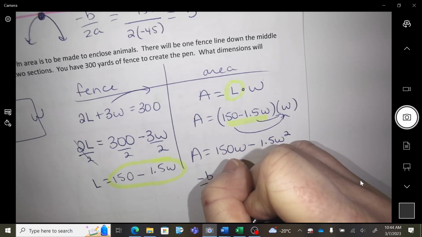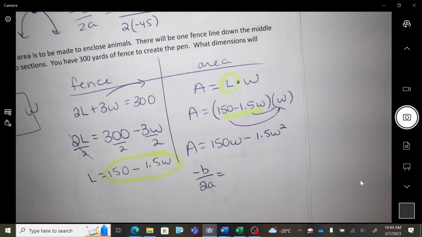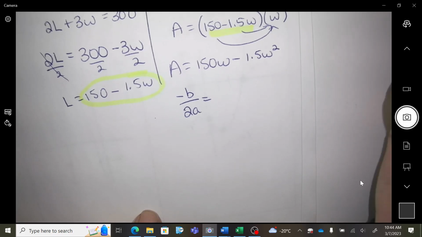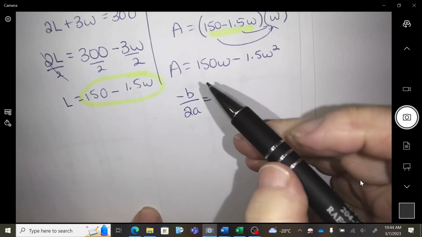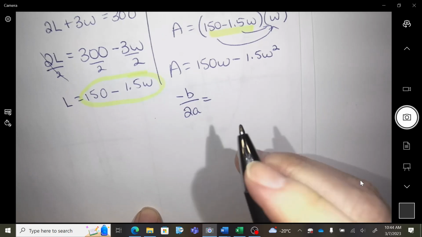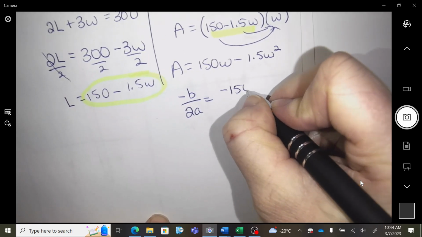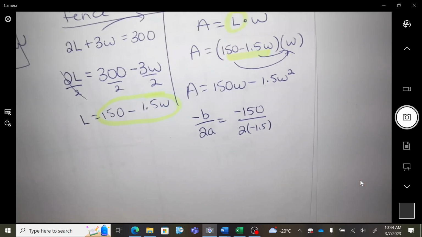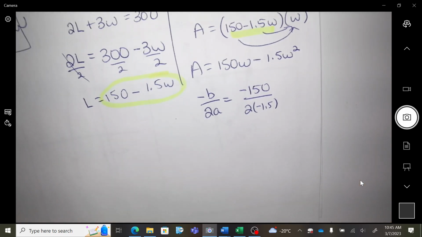So negative b over 2a, which one is your b value? Be careful there. So 150 is your b, so negative 150. And again, it would make sense that this is coming out positive.